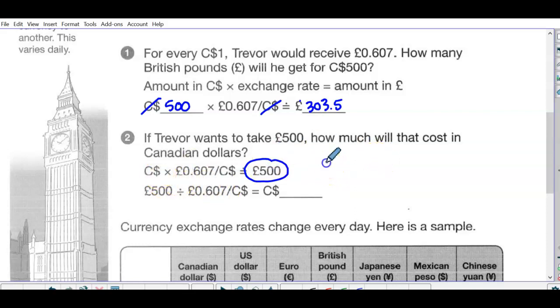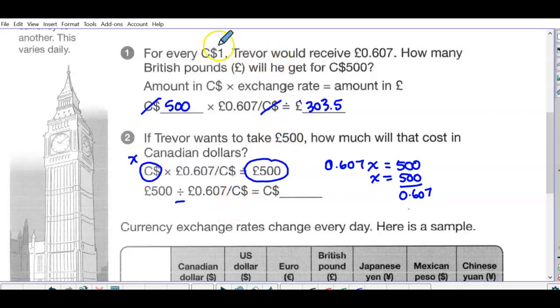So it's kind of like 0.607x, where x is the Canadian dollars, equals 500. It's just like an equation you've solved for many years now. So you end up dividing 500 by 0.607, and that's what that is here. So sometimes you divide if you're not given the exchange rate for the unit that you're starting with.